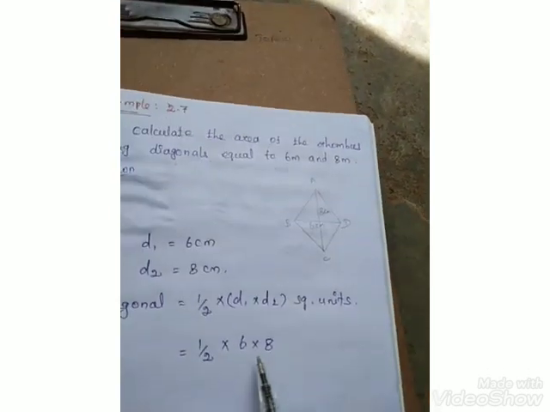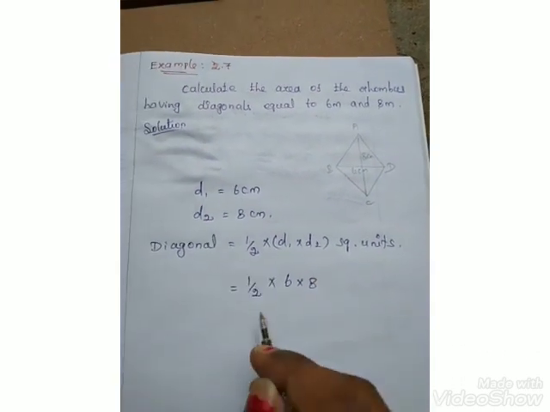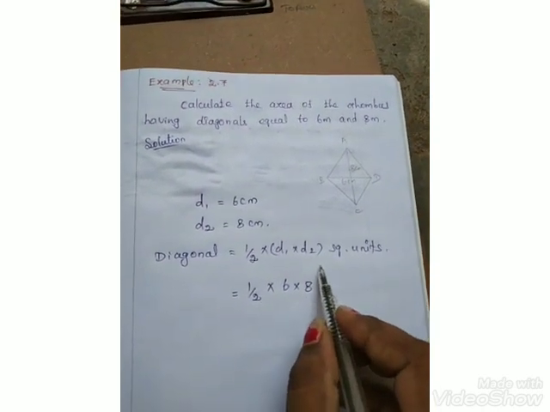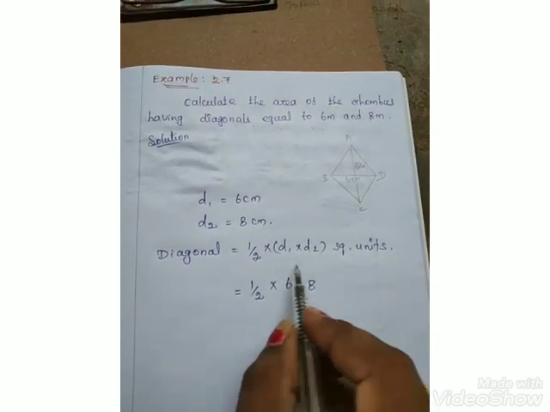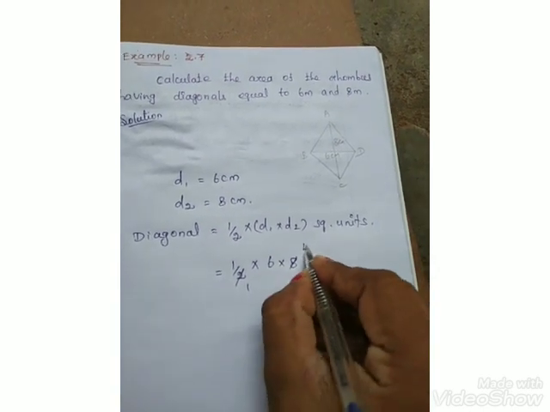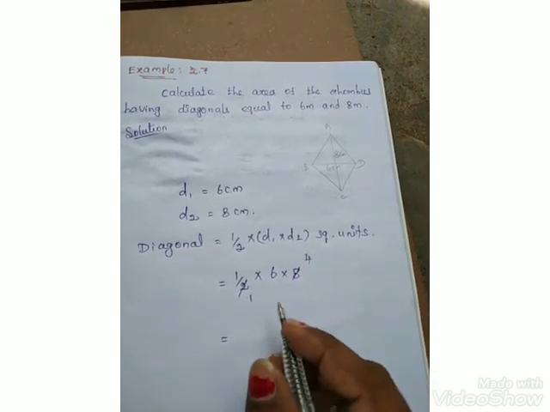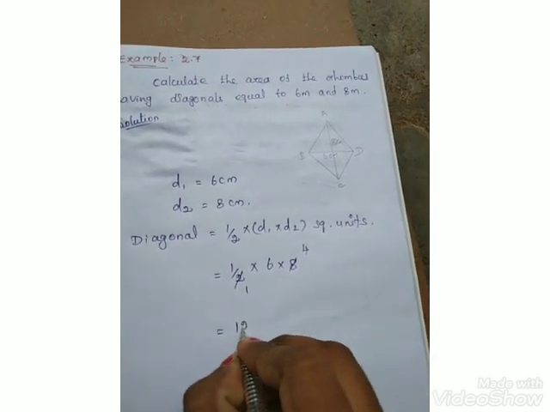Okay, listen. 1 2s are 2, 3 2s are 6. So cancelling like this is also okay. Or 1 2s are 2, 4 2s are 8. Any one number, because 3 numbers are multiplying. So 1 2s are 2, 4 2s are 8, 6 4s are 24.